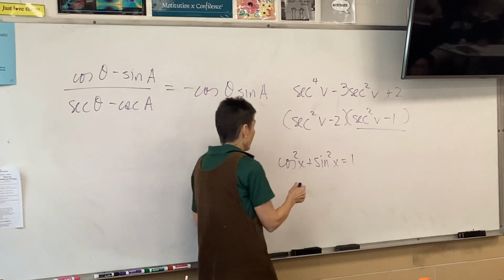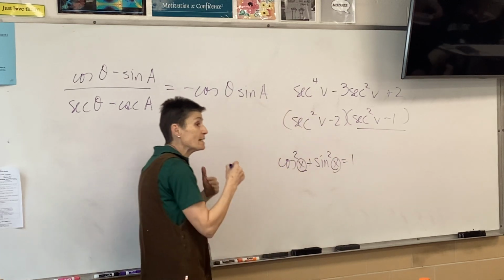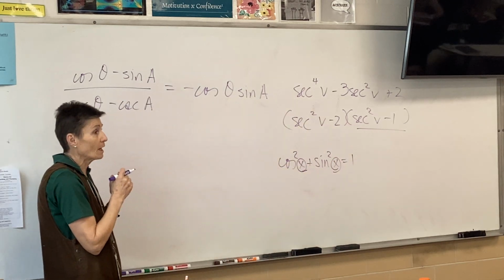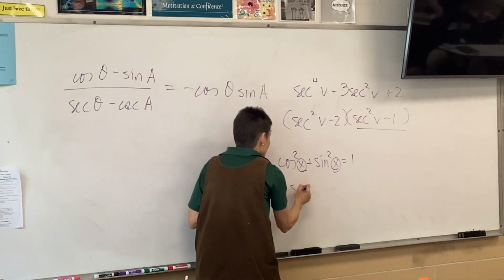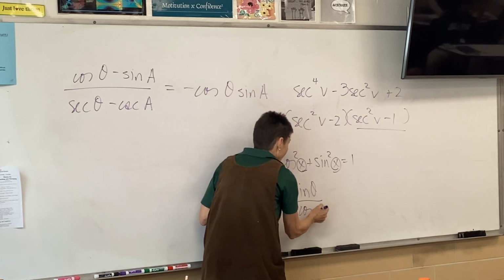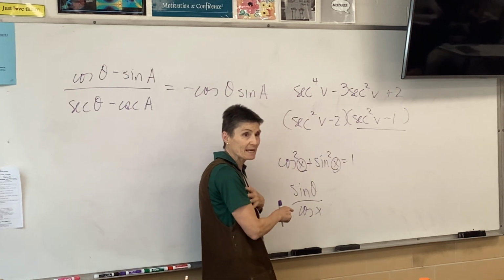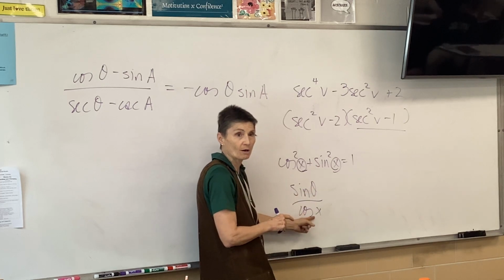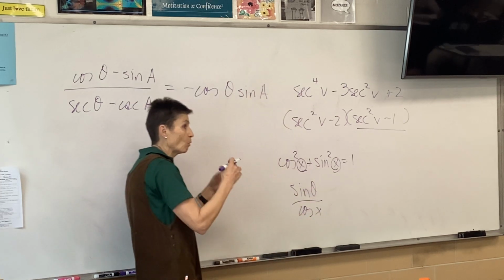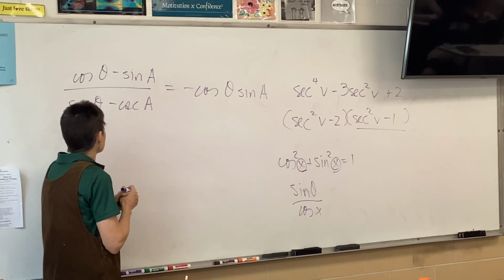But it's only 1 if these are the same angle. Another example would be if you had sine theta over cosine x, that is not tangent, because it can only be tangent if the angles are the same. So before you start combining or simplifying, just make sure your angles are the same.